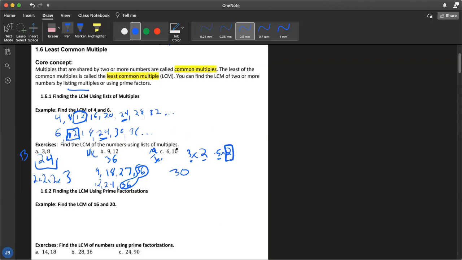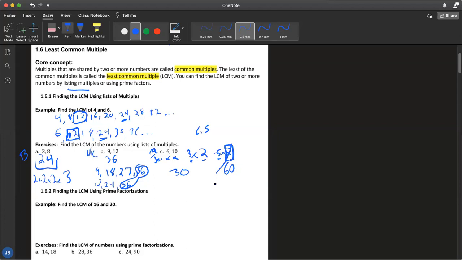I find it easier just for me, and I find it faster because I know 6 and 10, right? 6 times 5 is 30. And so 10 easily times 3. But if you do 3 times 2 times 5 times 2, then we'll get 60, right? Because that'll just be 6 times 10. But we know that 60 isn't the least common multiple. So that's when we just take out this one. So we'll divide it by 2.